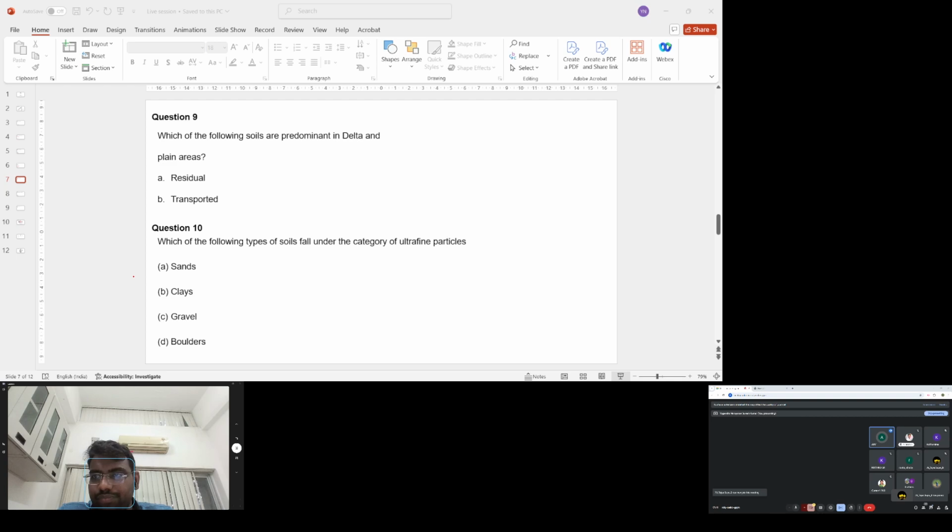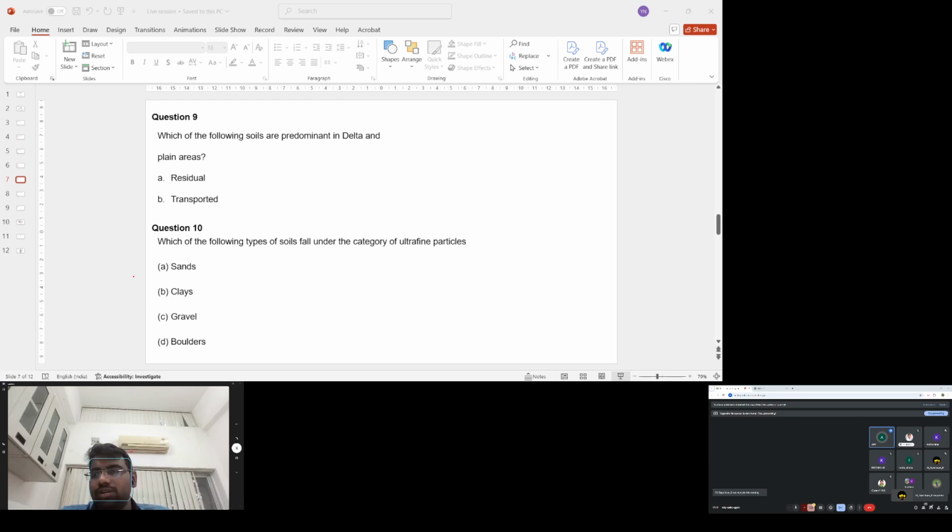For example, if both soils are available to you, which material do we have to prefer for a particular infrastructure project? That depends on what application you are looking for, so the answer cannot be objective.